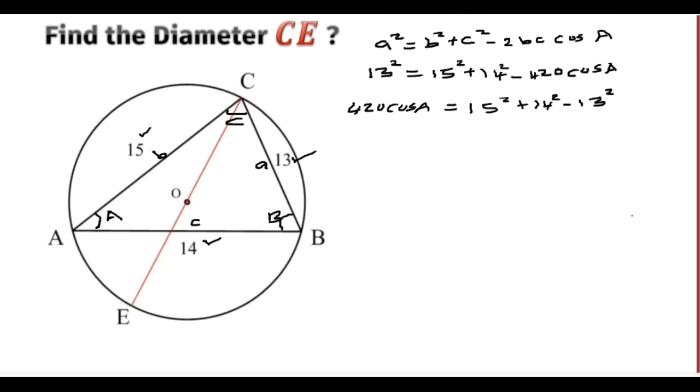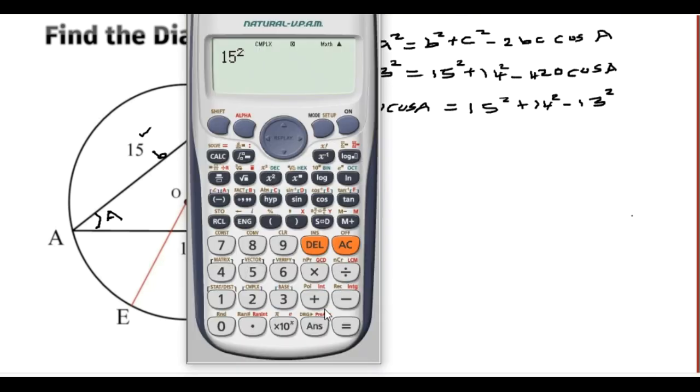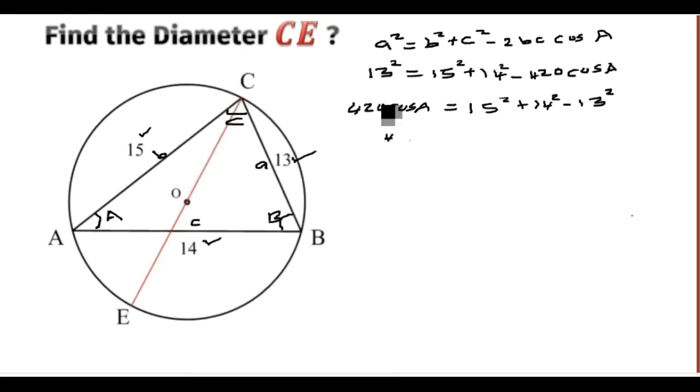So what do we get there? 15 squared plus 14 squared minus 13 squared, we have 252. So here we have 420 cos A equals 252.